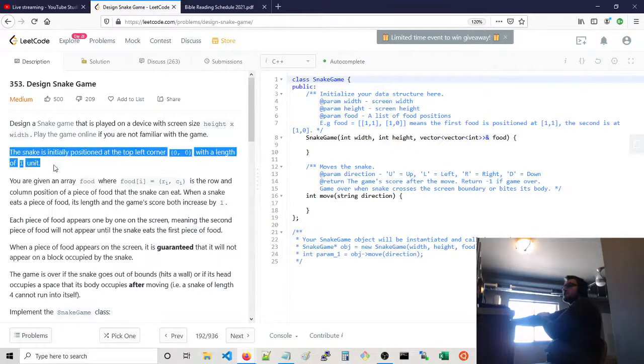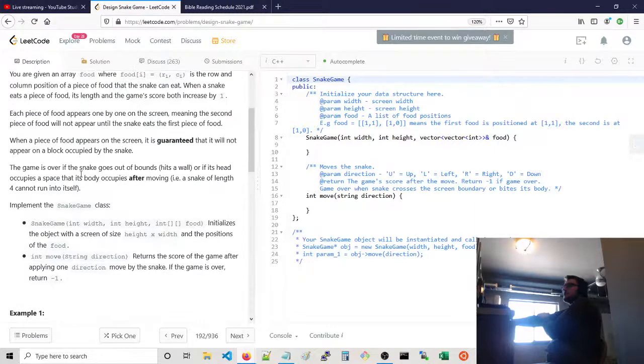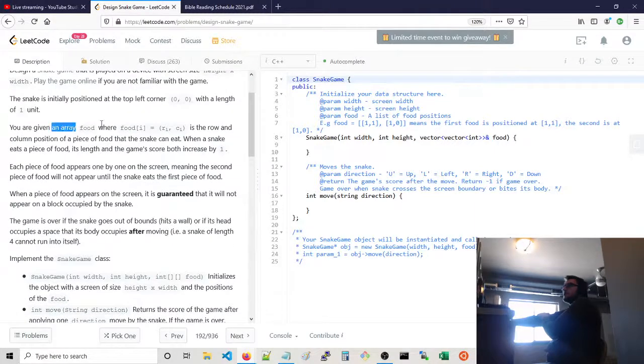The snake is initially positioned at the top left corner with a length of 1 unit. You are given an array food, where food of i equals r of i, c of i, is the row and column position of a piece of food that the snake can eat. When a snake eats a piece of food, its length and the game's score both increase by 1.